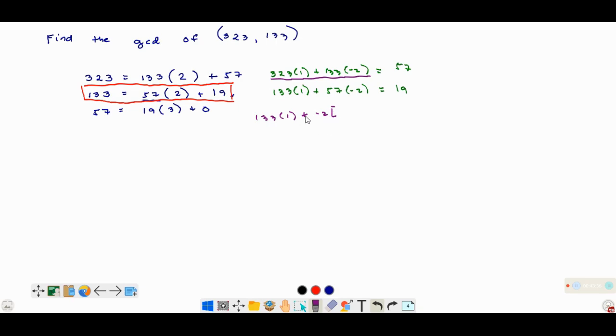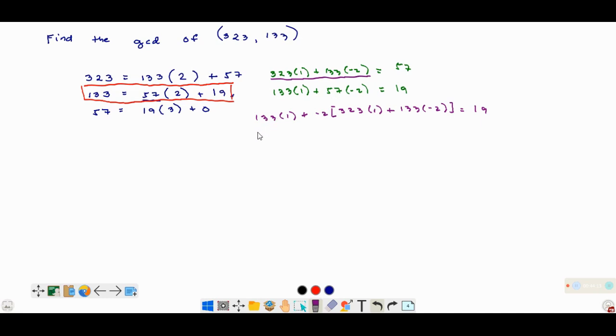So, lagay na natin siya sa unahan. 323 times 1 plus 133 times negative 2 is equal to, syempre siya yung equal sa 57. Pero, may 133 tayo dito. So, equal lang yan sa 19. Yan nandito. Ni-replace lang natin si 57 by this value.